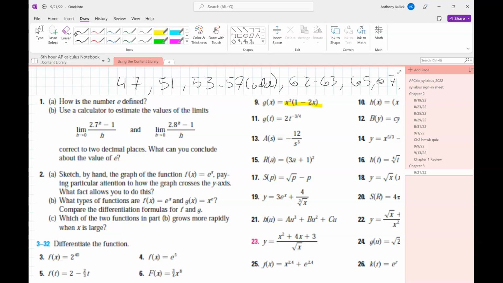The next one. Negative 3 over 2 t to the negative 7/4, right? And it's fine if you want to leave that with negative exponents. No biggie.